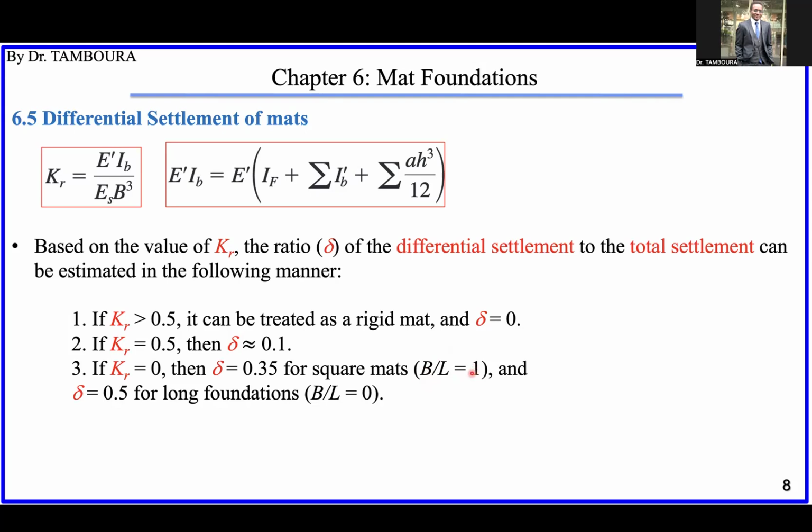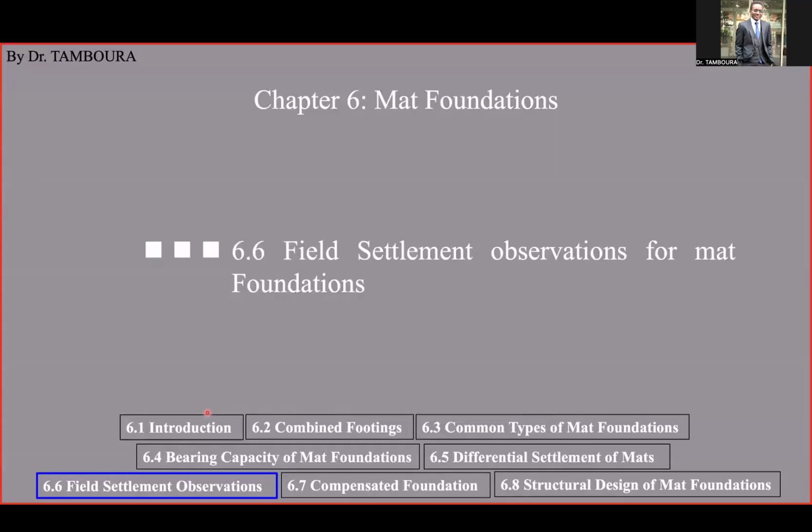If the mat is square, the shape is square. If it is very long, meaning L is much larger than B, then the differential settlement will be 0.5. So you have three options for how to estimate the maximum differential settlement.